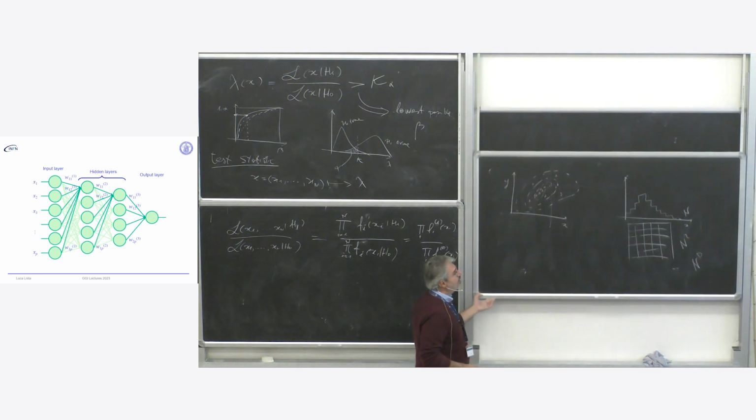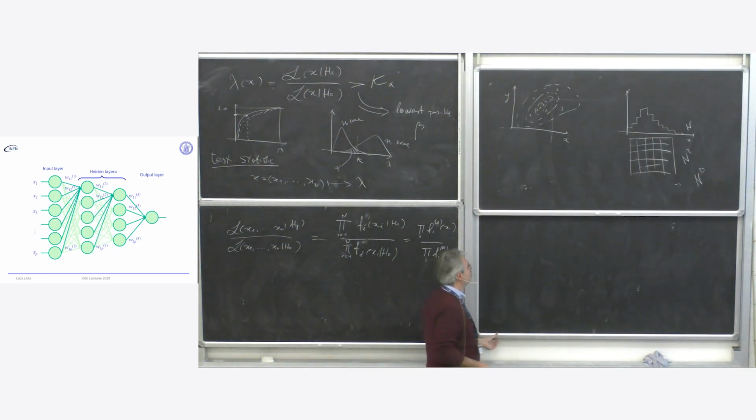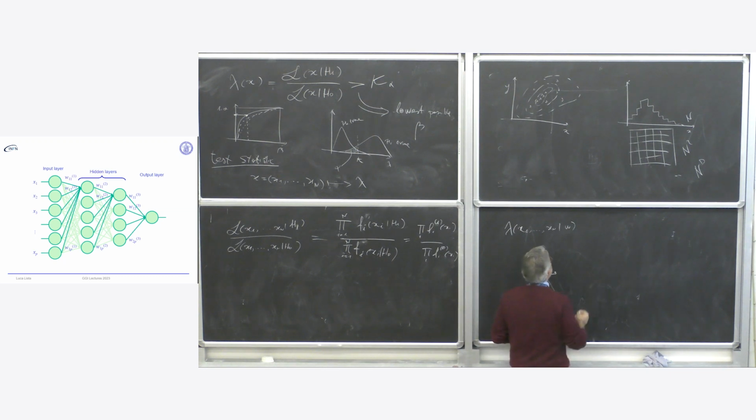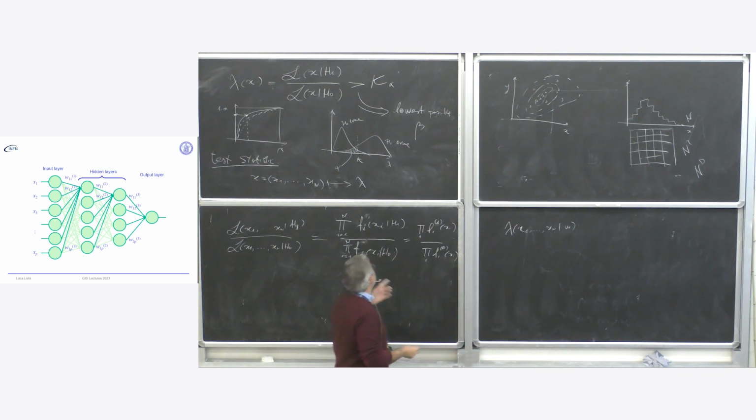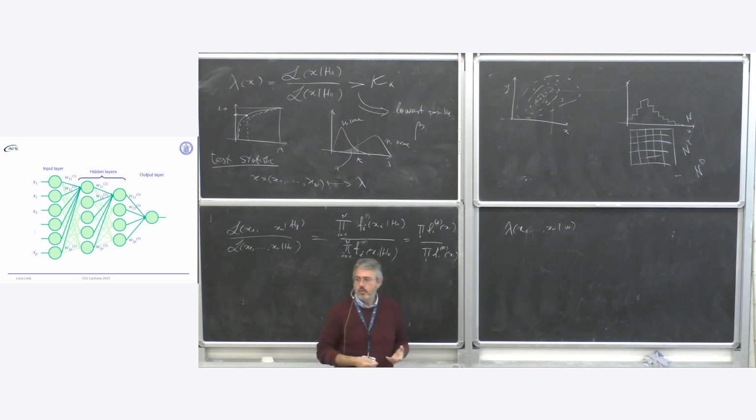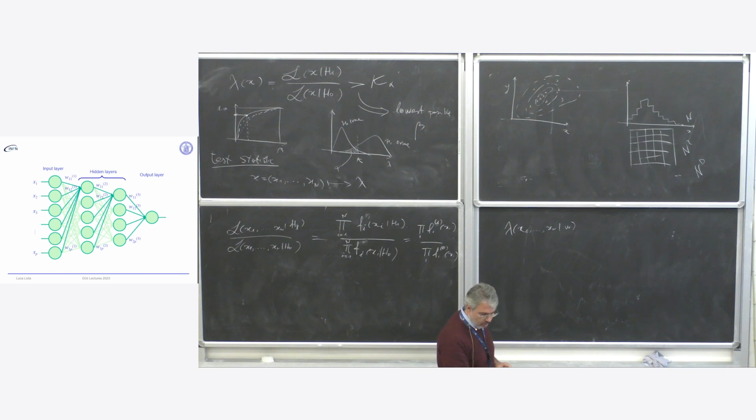We want to write a test statistic, where X is a vector of data, and this may depend on many parameters, W. So we would like to get this as close as possible to the Neyman-Pearson limit and approach a performance when we do a selection which is as close as possible to an optimal solution.